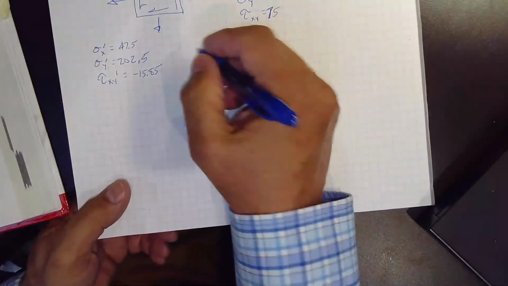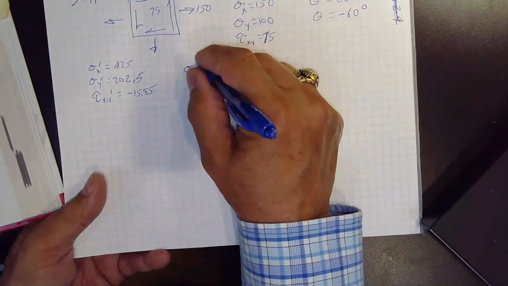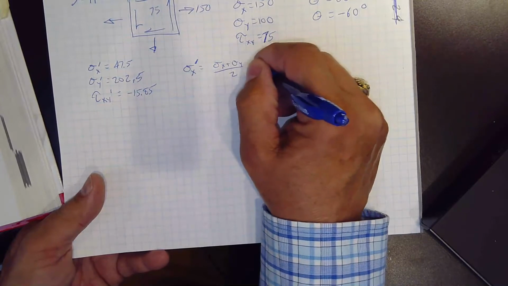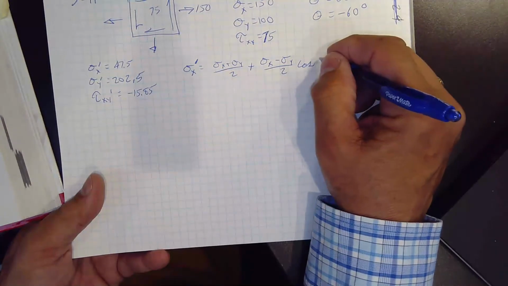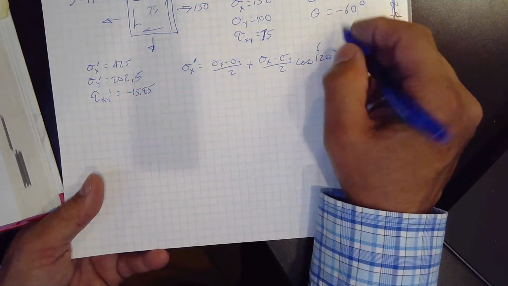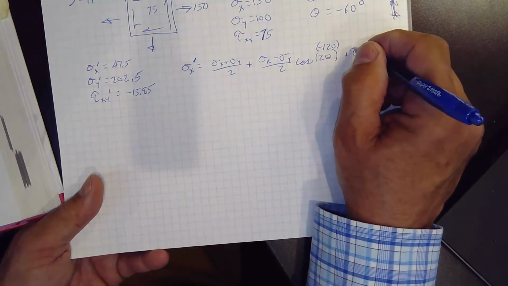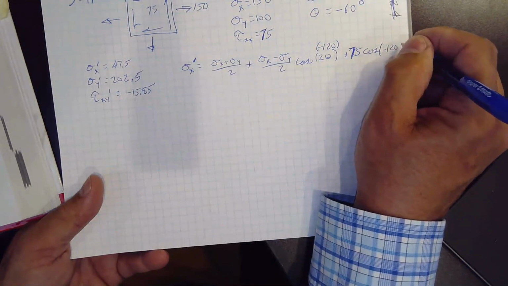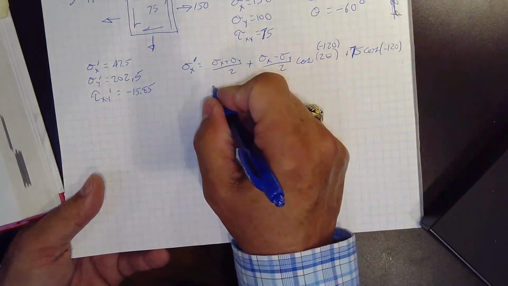Okay, so we'll do one of these. Sigma x prime, of course, is sigma x plus sigma y over 2, plus sigma x minus sigma y over 2 times the cosine of 2 theta. 2 theta is negative 120, right? And plus tau xy, 75, times the sine of minus 120. Oh, I started filling in numbers. Well, there you go. So let's write the numbers this time.